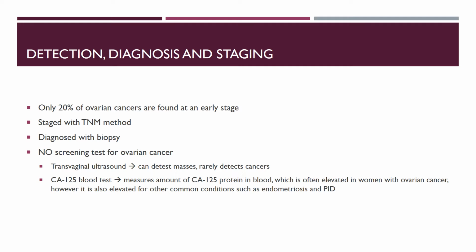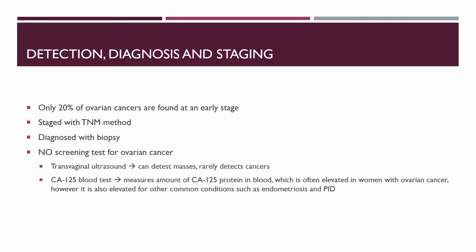There's also the CA125 blood test, and this blood test measures the amount of CA125 protein in the blood. It happens that women who are diagnosed with ovarian cancer oftentimes have high levels of this protein, but women that have endometriosis or pelvic inflammatory disease can also have high levels of CA125.